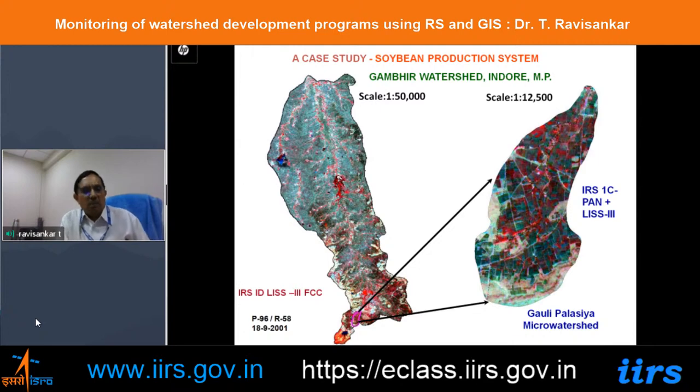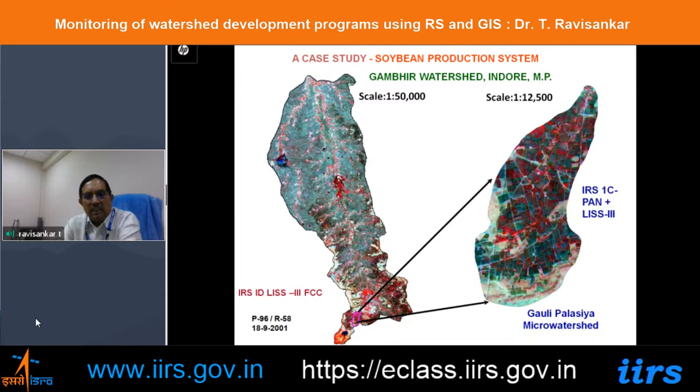The one example I am just trying to show you is the Gambhir watershed in Indore district of Madhya Pradesh. And as I was telling, 1:50,000 scale and 1:12,500 scale. At 50,000 scale, we have taken a bigger watershed of say 1 lakh hectares. And at micro watershed level, we have taken one Gauli Palacia micro watershed of the order of some 500 hectares. And we have used the high resolution satellite data sets to prepare the thematic maps.